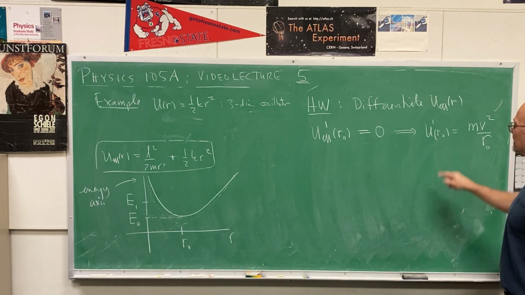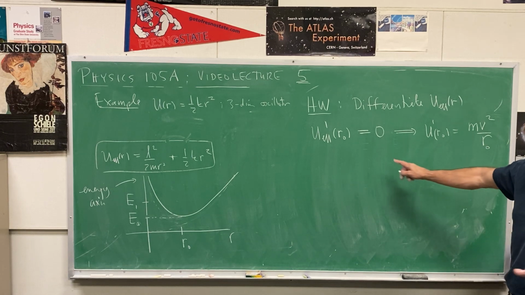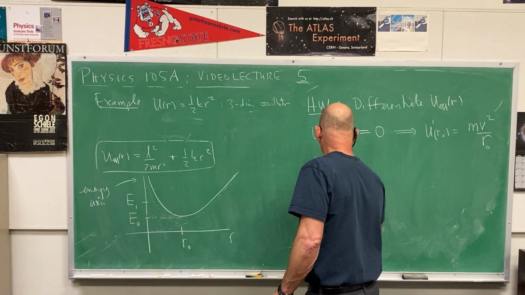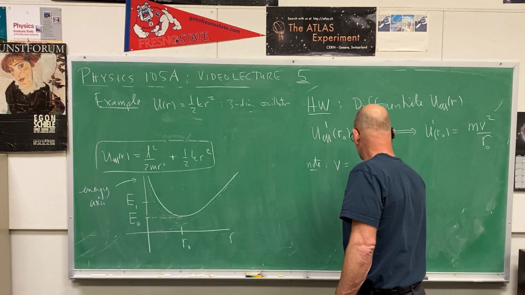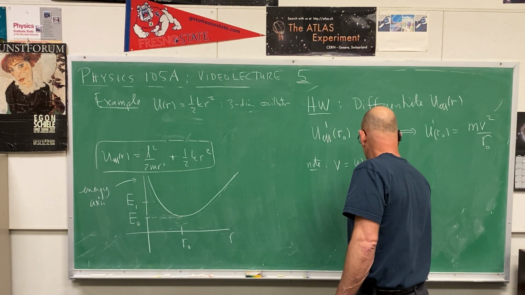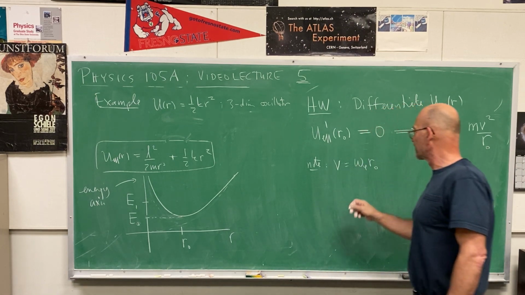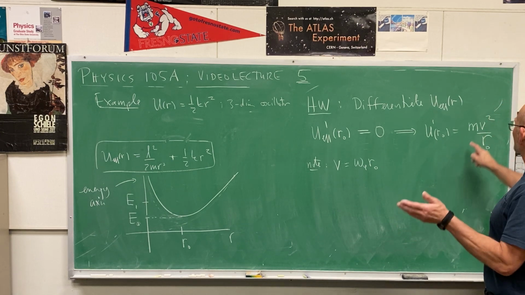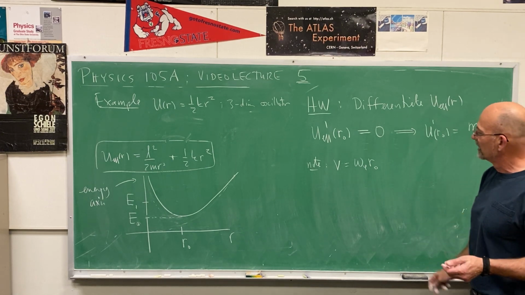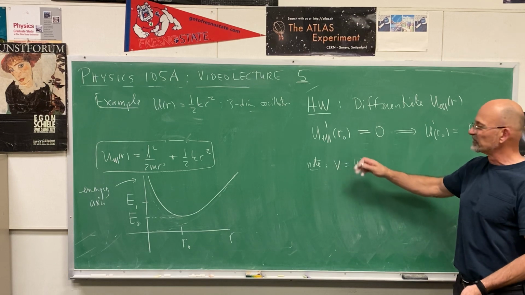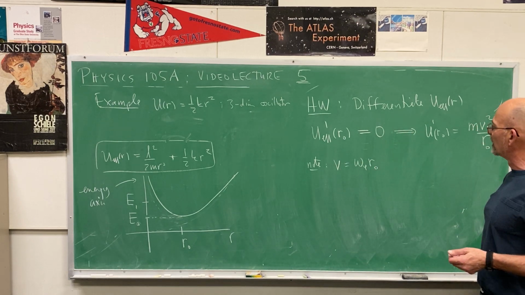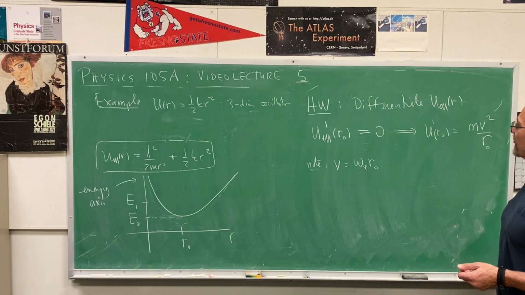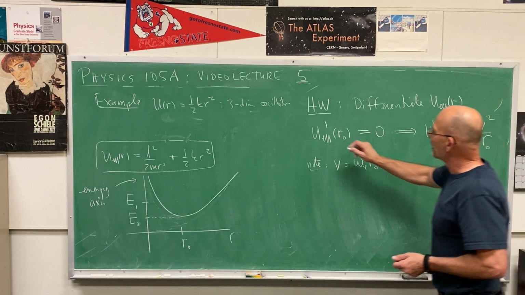I'll even put in the hint that I could have had here when I just erased this, noting that V is equal to omega sub phi R0. That's just the omega R expression for V for uniform circular motion. So that's just a few lines, but it's a nice thing to have. Leave some space in your notes, knock it out, keep it in your notes as well, but then turn it in on the homework problem just to show me that you did it. Okay, so that's a good problem.